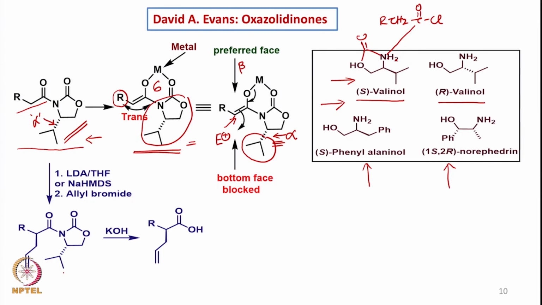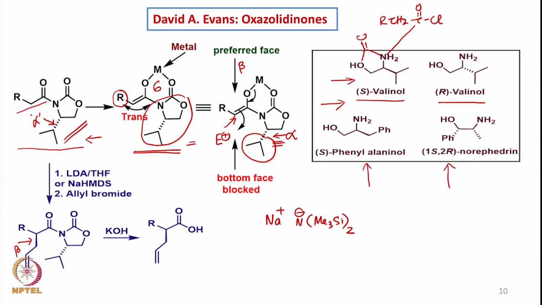So for example, if we take this particular compound and react it with LDA in the presence of THF, or sodium hexamethyl disilazide, so basically it is sodium plus hexamethyl disilazine, you have N minus and Me3Si twice, and then when that reacts with allyl bromide, you see it now gives a beta orientation of the allyl group.